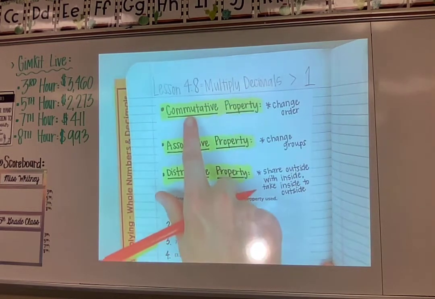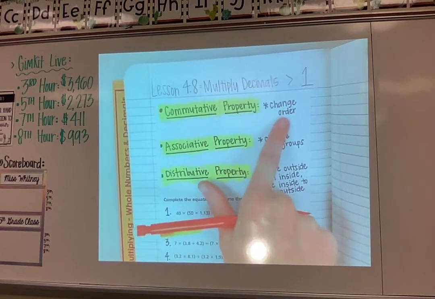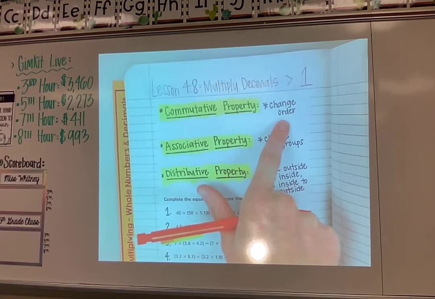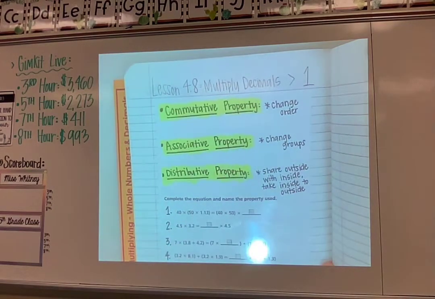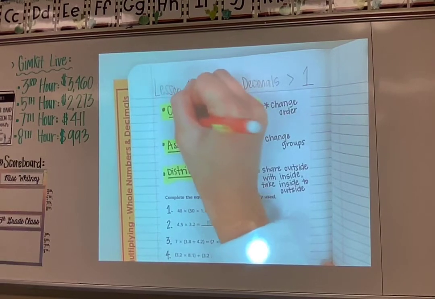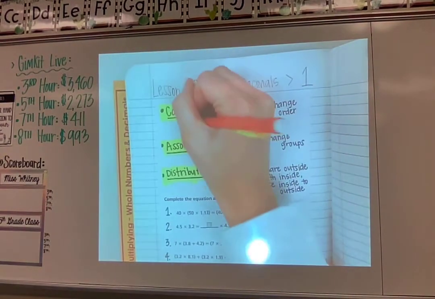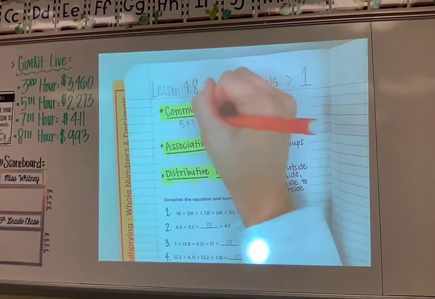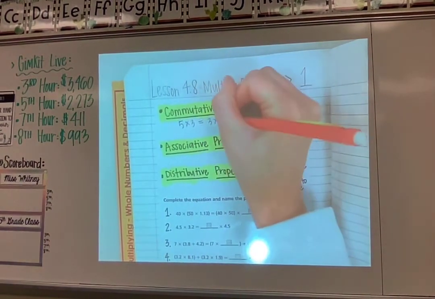Let's start up here with the commutative property. I have written a little hint over here for you. The commutative property tells me that I can change the order when I'm multiplying numbers. So, for example, 5 times 3 is the same or equal to 3 times 5.